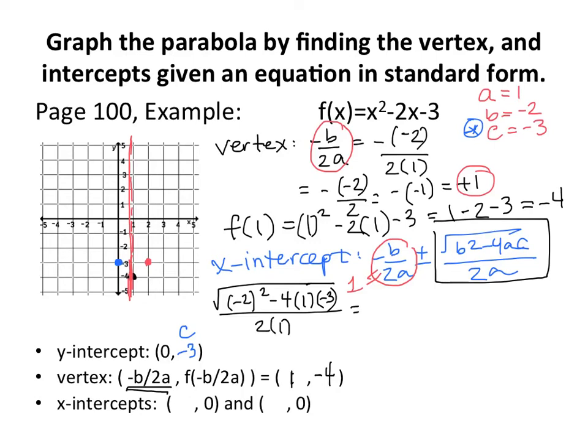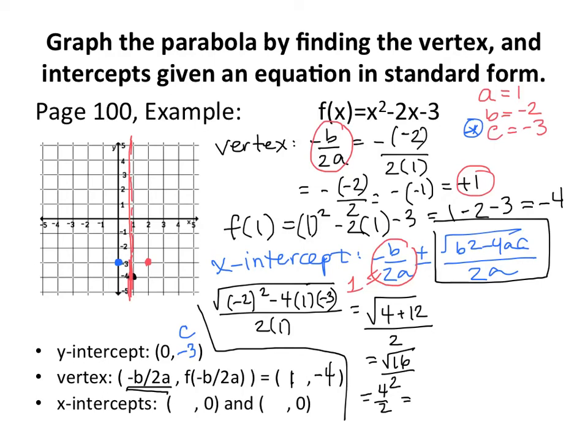When I simplify, I'm going to get the square root of 4 minus, and then 4 times -3 is -12, so that turns it into add 12 all over 2. That's the same as the root 16 over 2, or 4 over 2. 4 divided by 2 is 2. So this whole term is worth 2.